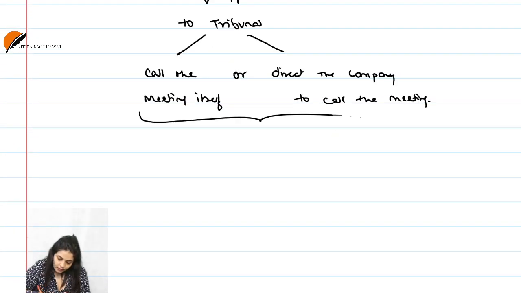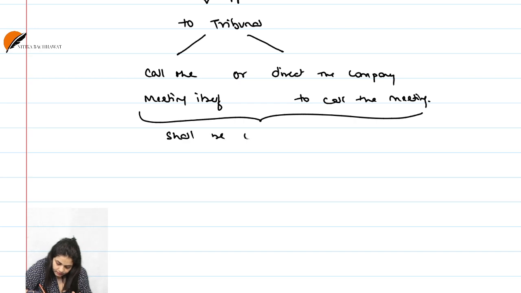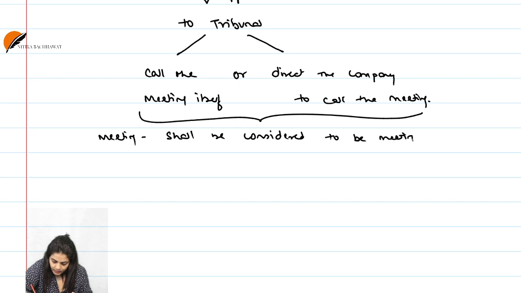Now, this meeting which is called on the order of the tribunal, that is, the tribunal itself calling the meeting or the company calling the meeting on the order of the tribunal, in any of these cases, this meeting shall be considered or regarded as the AGM of the company.